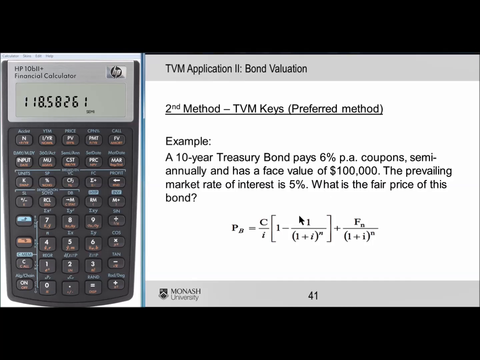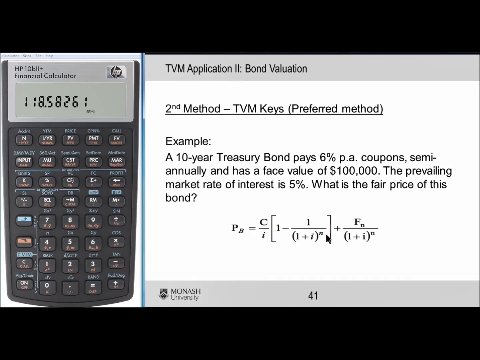Then the second variable is the yield, which is the market rate of interest, 5%. And because the cash flow is payable semi-annually, with a compounding frequency of 2, we need to adjust the interest rate by dividing it by 2. So it becomes 2.5% per semi-annual period.